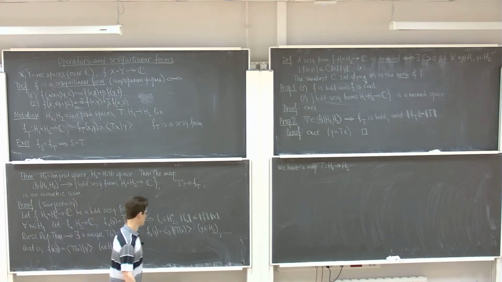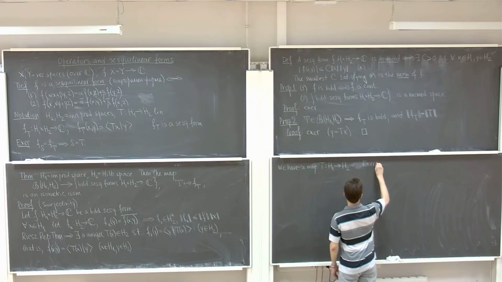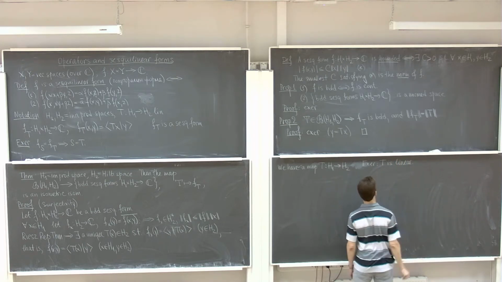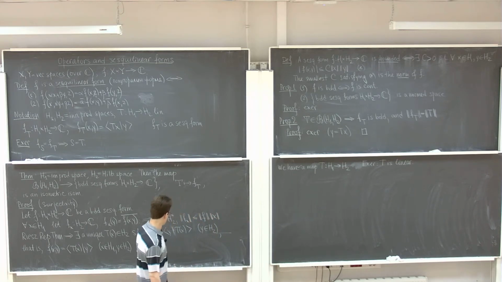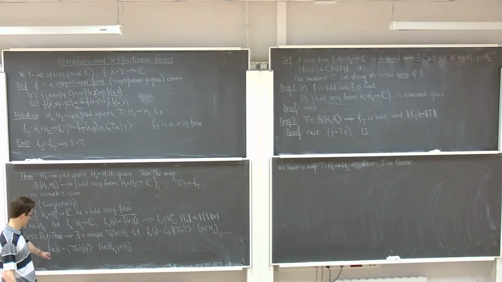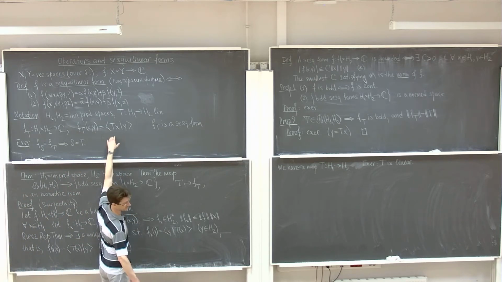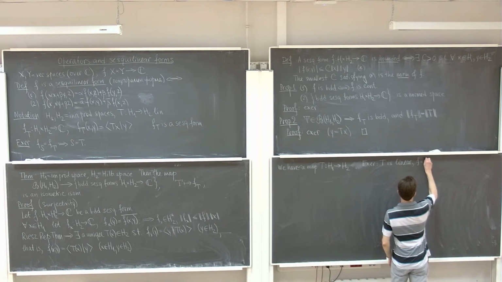So this formula holds for each x and y, and this is a little exercise, but this easily implies that T is linear. Finally, we need to show that T is bounded. Well, actually, at this point, we already observed that F is associated to T in the sense of our definition. So T is linear, and F equals F_T.